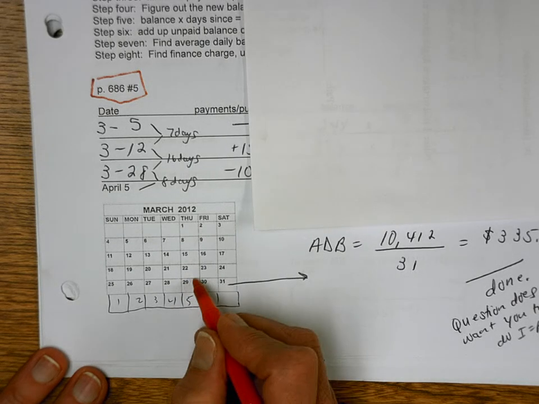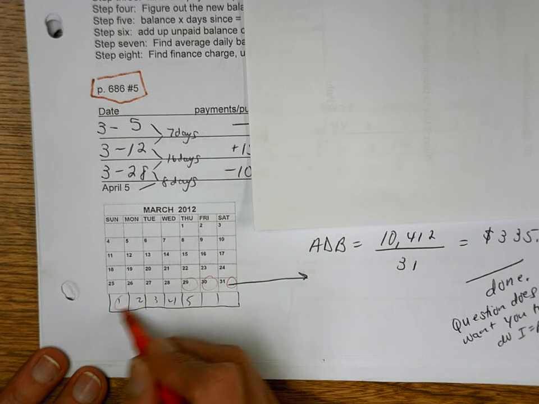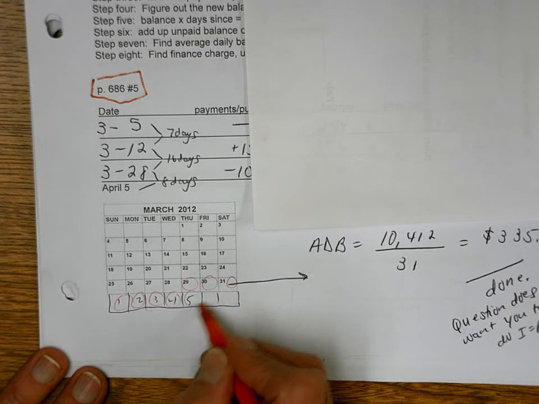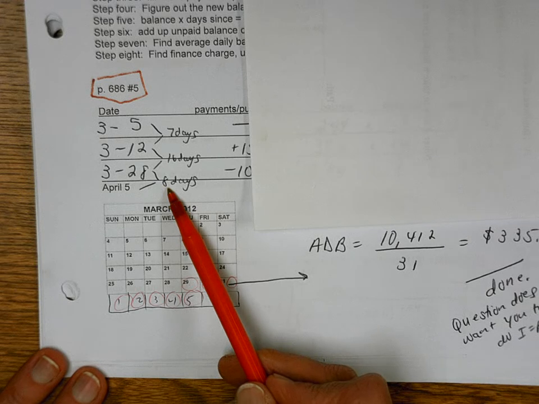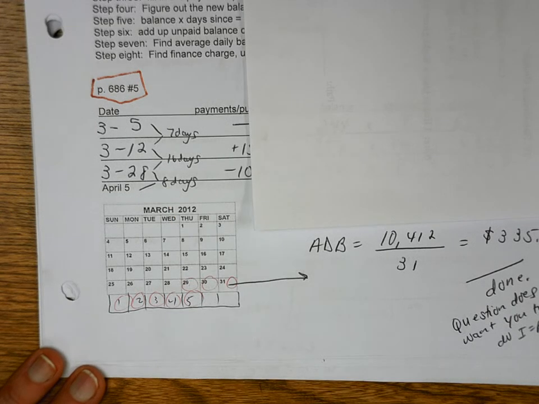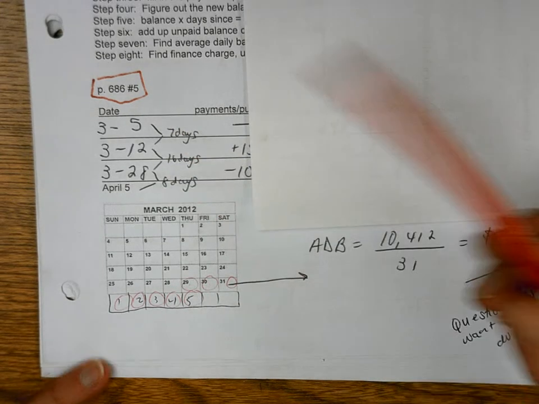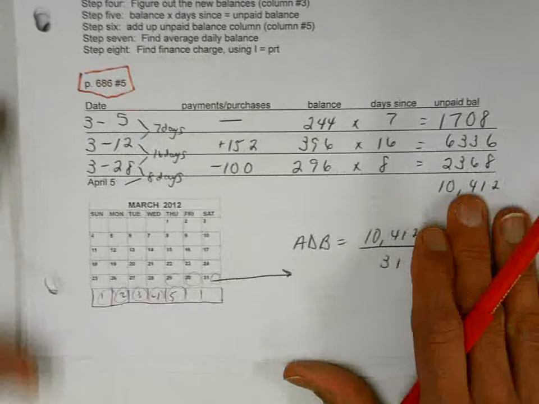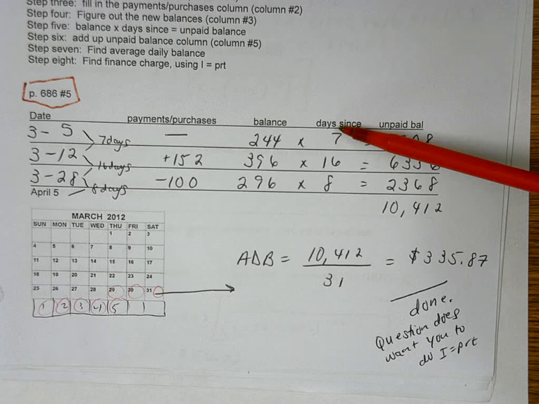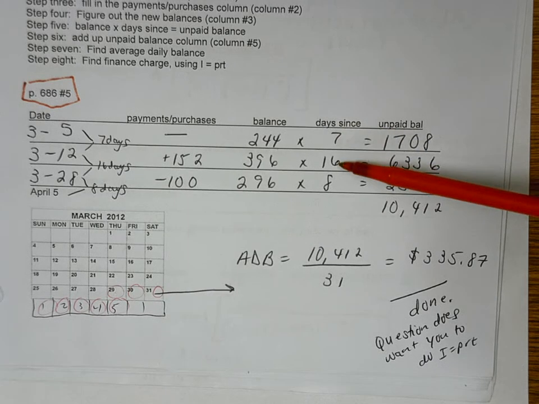So right here is where the 8 comes from. These values go right here, 7, 16, and 8.